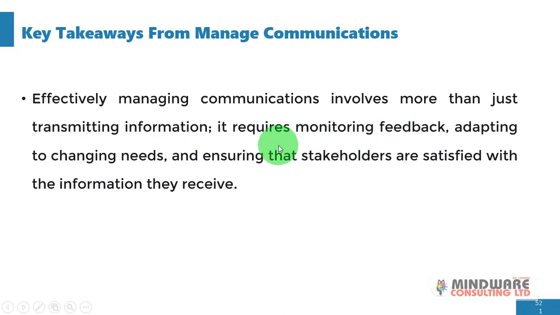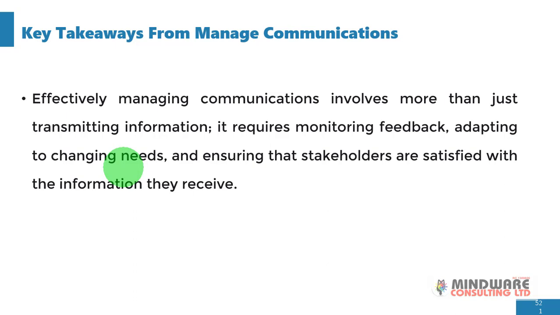So monitoring feedback, adapting to changing needs. Because when information goes out, within the time of the information dissemination and the feedback, there could be changes, which will require adaptation. So this is very, very important.